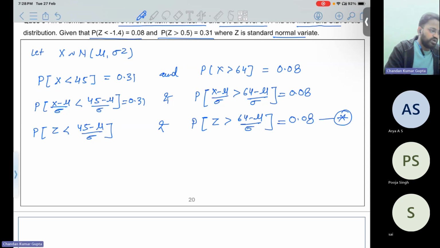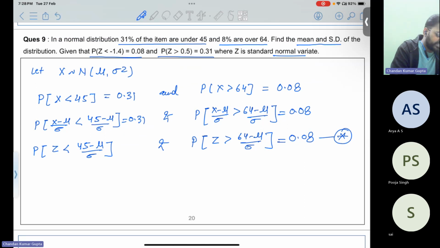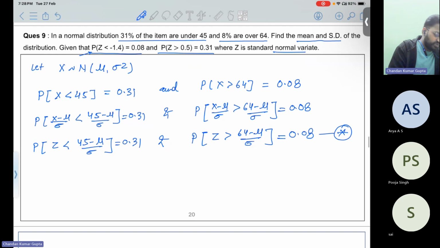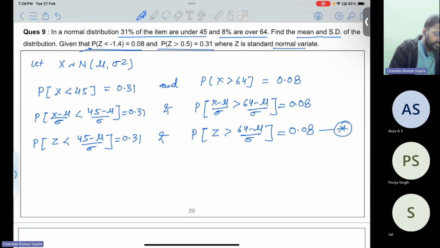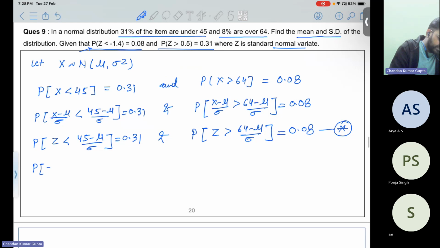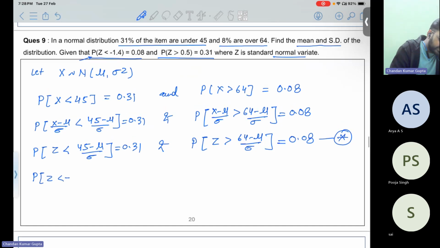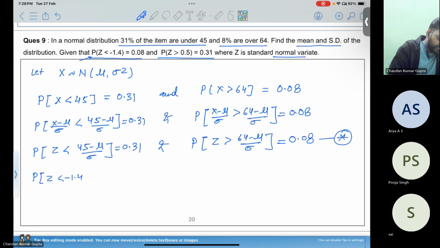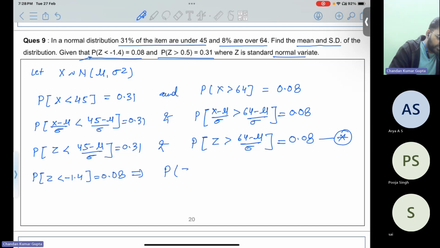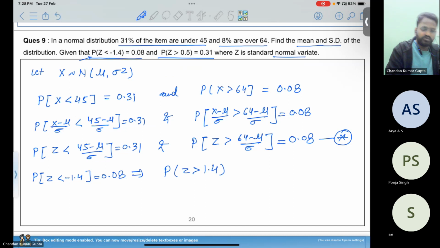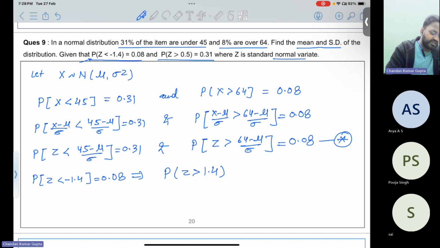Okay, now also we have been given some conditions. Here it is 0.31. We are given that probability Z is greater than 1.4 equal to 0.08. We can write this because it is a normal distribution and the curve is symmetrical in nature.